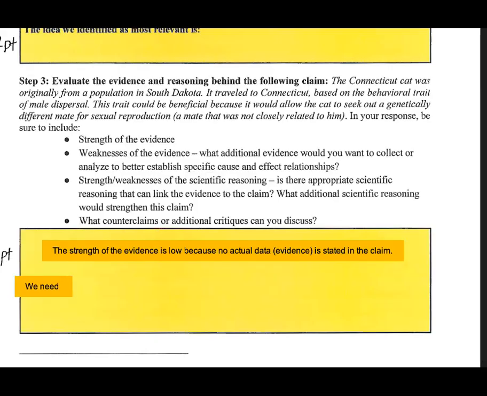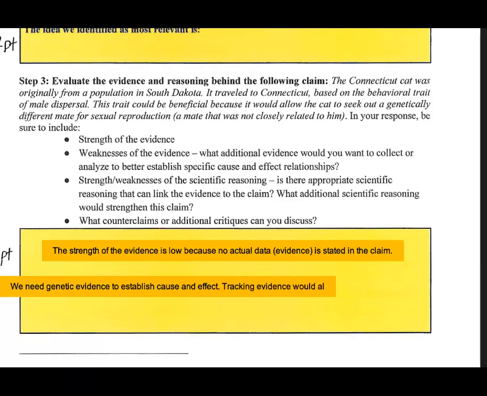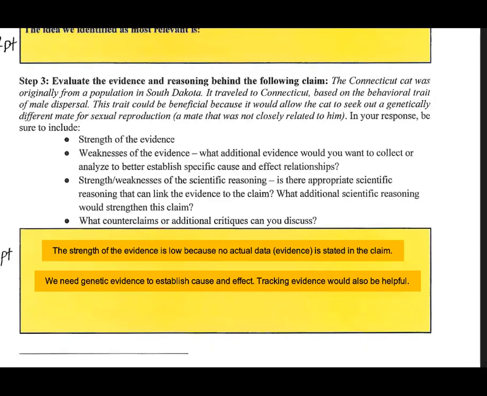We need genetic evidence to establish cause and effect. Tracking evidence would also be helpful. Okay.